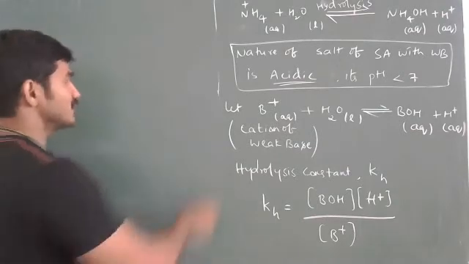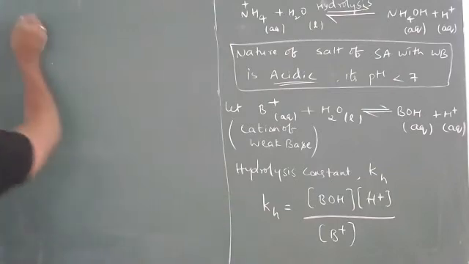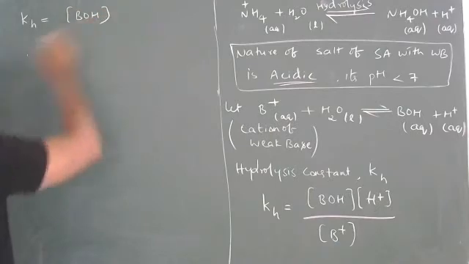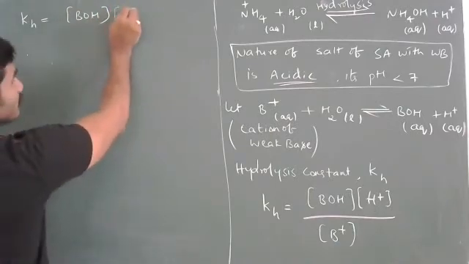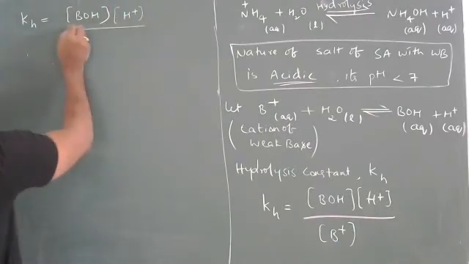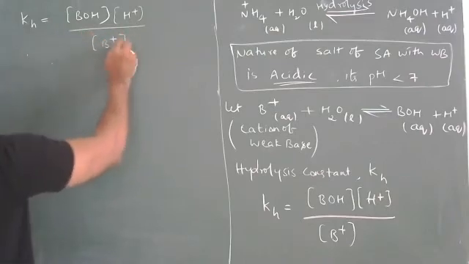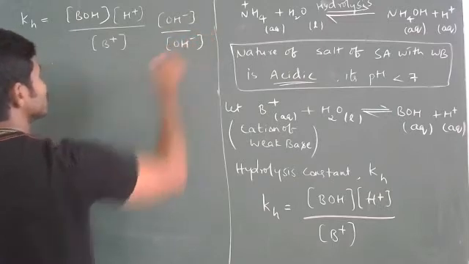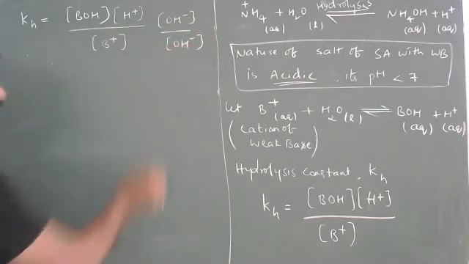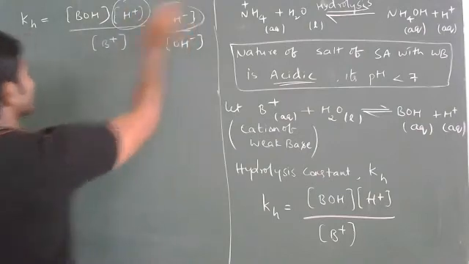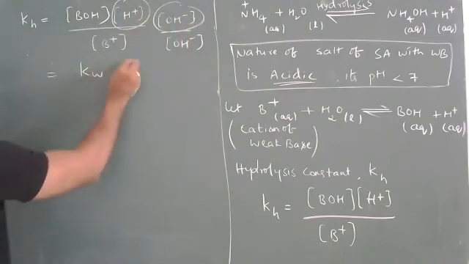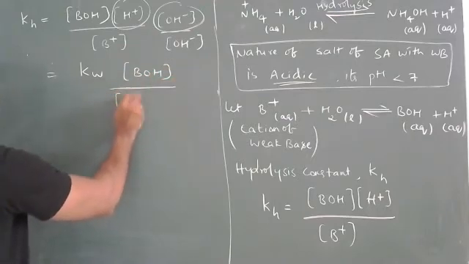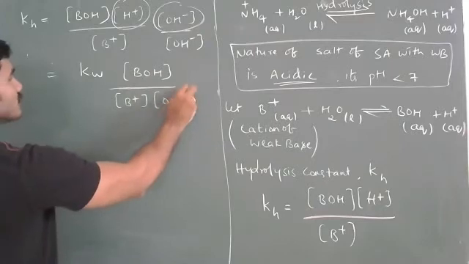Multiply and divide with OH minus. KH is equal to BOH into H plus by B plus into OH minus. Here H plus OH minus can be taken as KW, and BOH divided by B plus into OH minus.